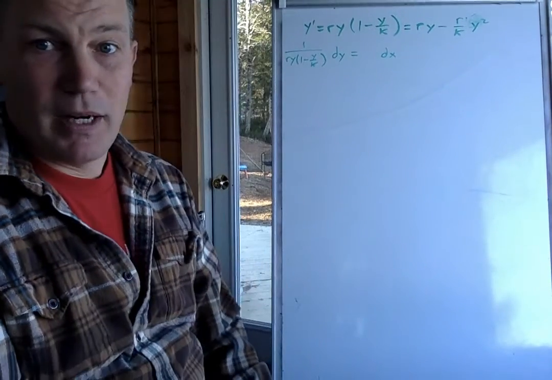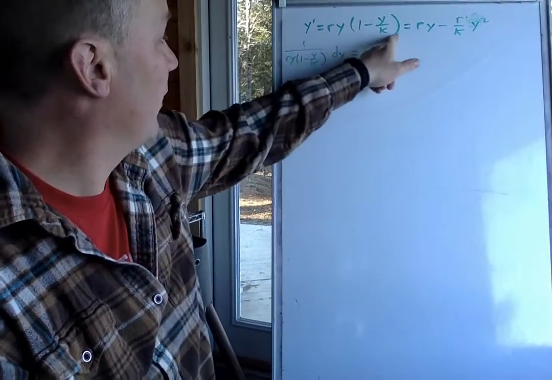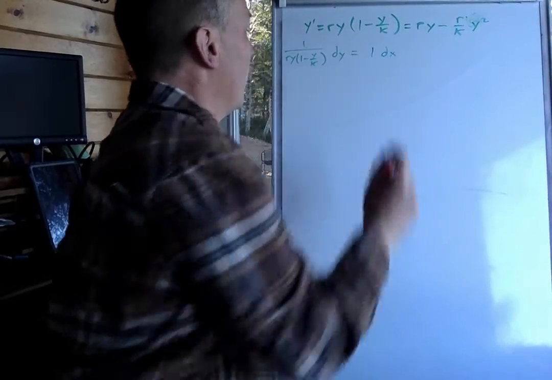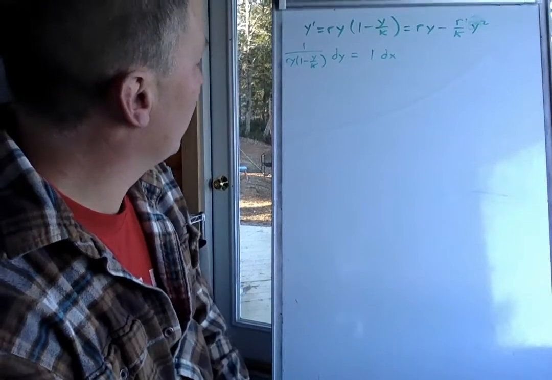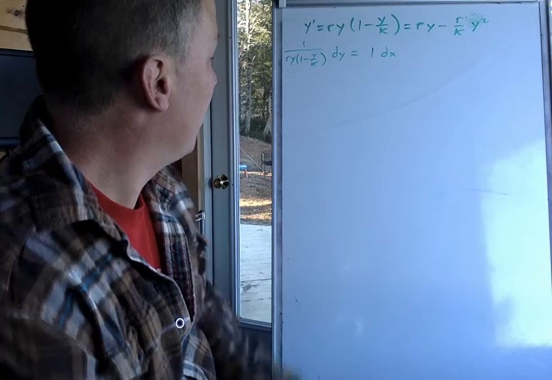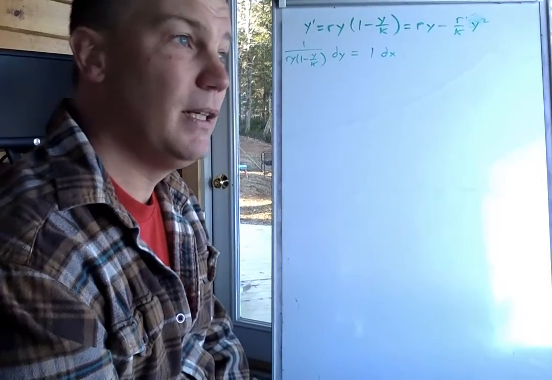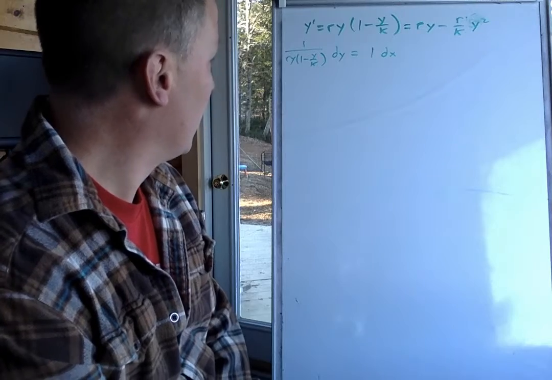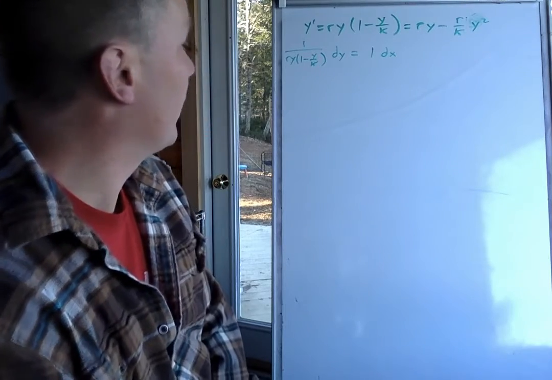So I divided both sides by this big complex thing, and over here I have the number 1. We should be able to look at that and go, uh-oh, that would be a quadratic underneath, so we need to do partial fractions. So here we go, partial fractions it is.